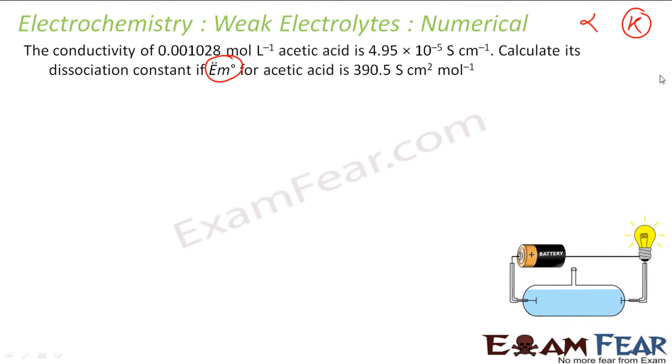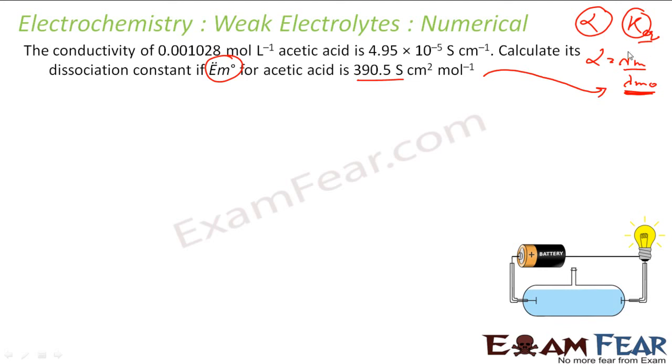To find the value of the equilibrium constant K, I have to find alpha, and alpha is lambda m by lambda m naught. This is at infinite dilution, and this is at any concentration. So lambda m naught is given to us.